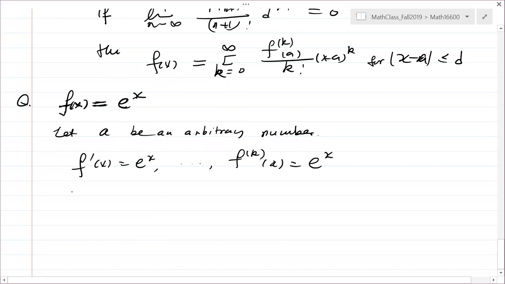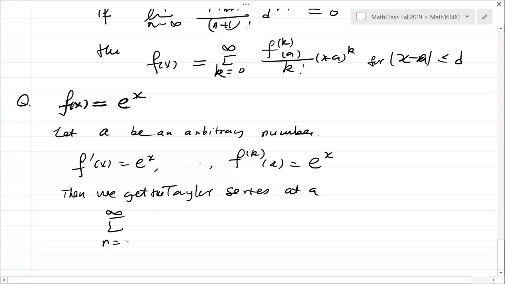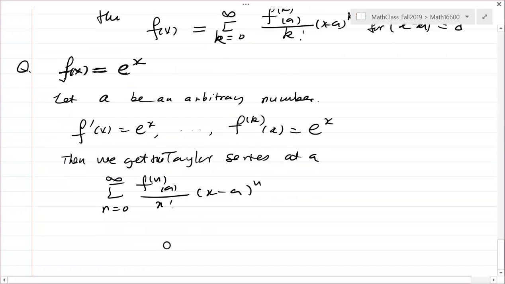Then we get the Taylor series, the power series candidate. The Taylor series at a is going to be the sum of f^(n)(a) divided by n factorial times (x minus a)^n. This is just a candidate. It's not necessarily convergent to the function. You have to prove that it converges to the function.